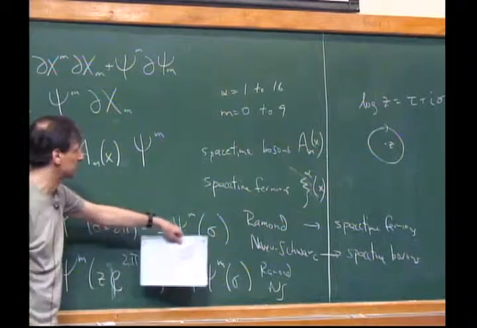So there's a change in sign just because of the square root cut, because it's spin 1/2.